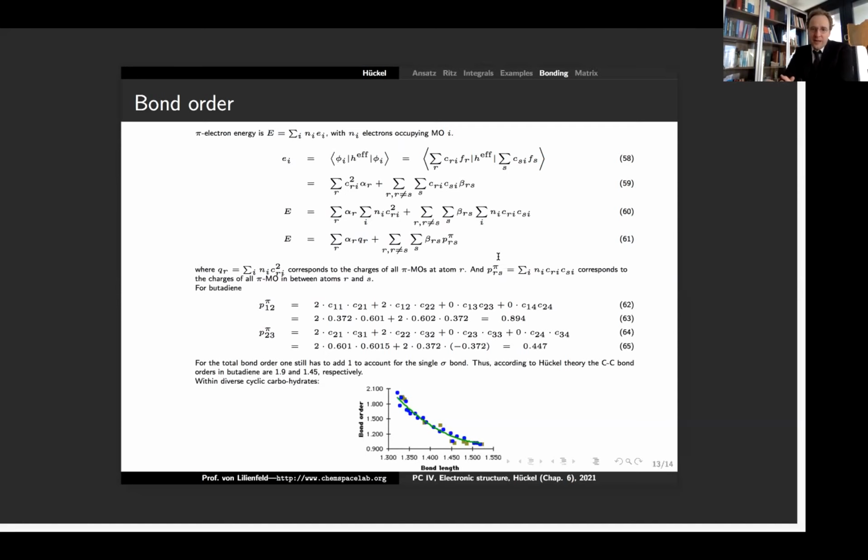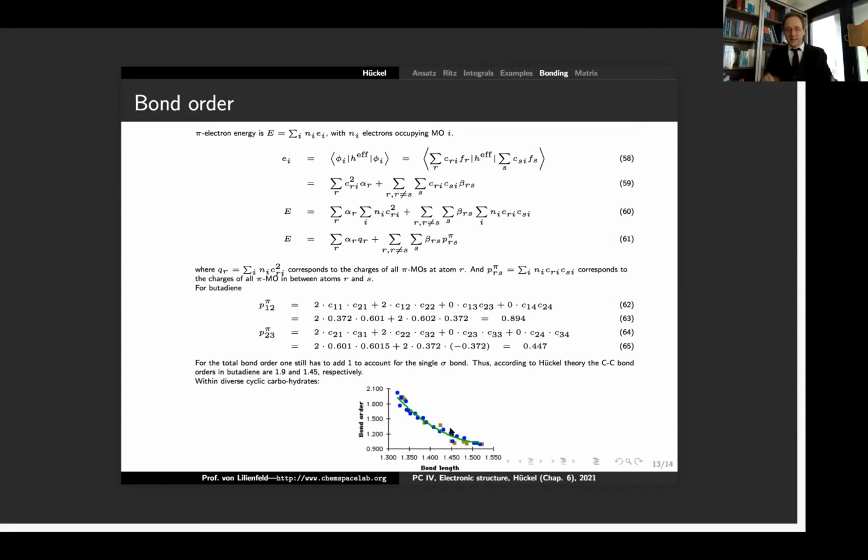All right, now it's interesting. You can relate the bond order with structural changes. For example, you will find in diverse cyclic hydrocarbons, if you calculate the bond order, that in comparison to the equilibrium bond length, there is a clear correlation. Basically, the smaller the bond length, the more double bond character you will have.